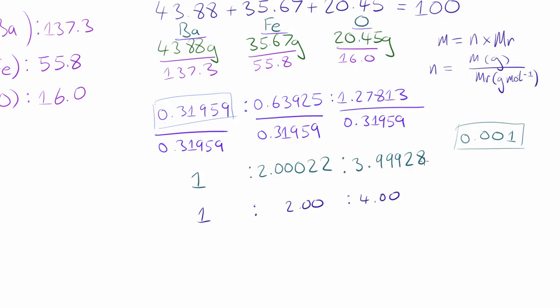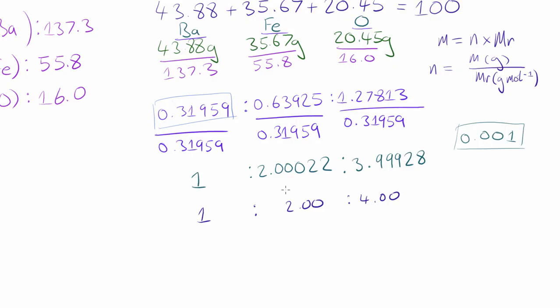And the follow-up question would be, is it our simplest whole number ratio? Now if this had said 2, 4, 8, which it doesn't, but if it had said 2, 4, 8, of course we would say, well, no, it's not the simplest whole number ratio. You can divide it by 2 and get a set of other whole numbers.